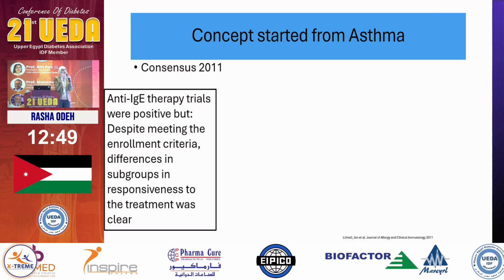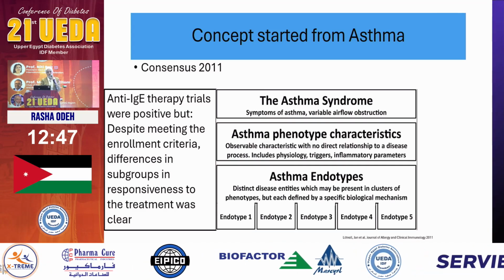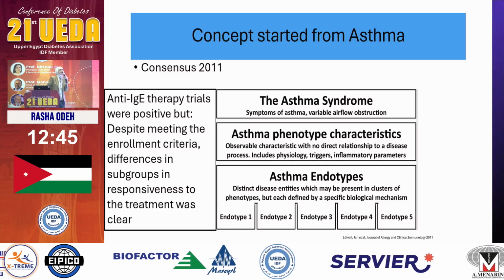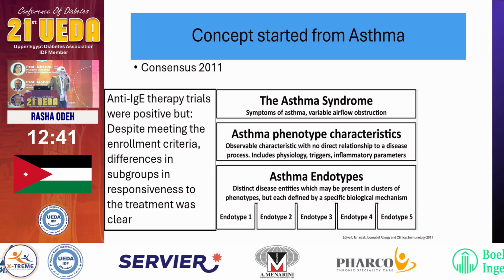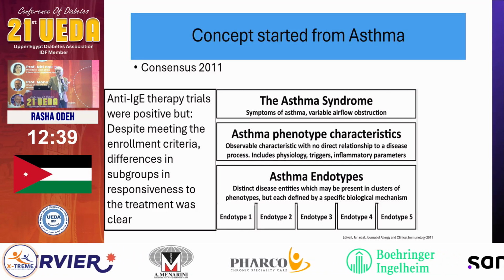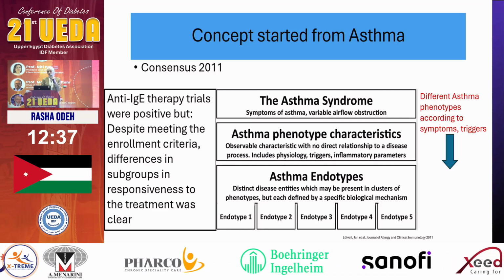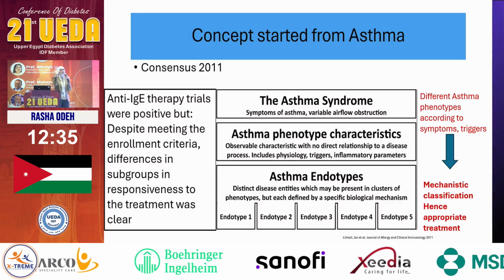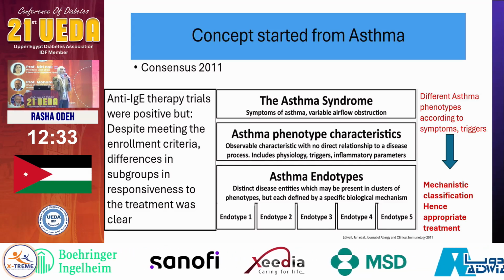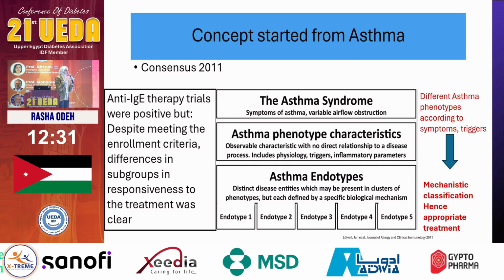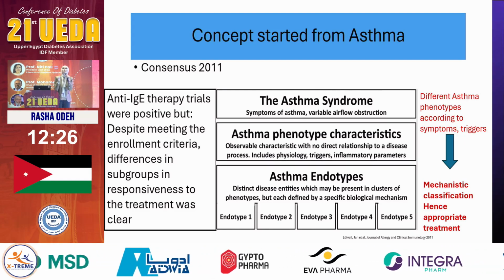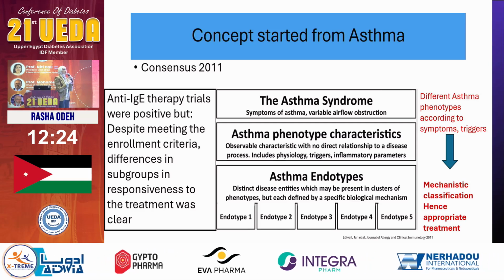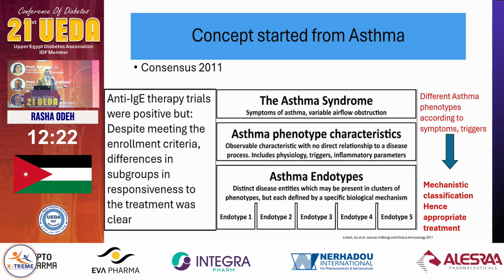They asked whether this was a manifestation that these people with symptoms of asthma have different mechanisms of asthma. They changed their way of looking at asthma from only symptoms or phenotypes into the mechanisms leading to the symptoms, and they came up with different endotypes of asthma with precision treatments.